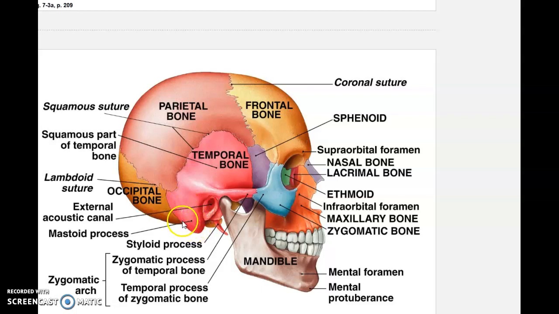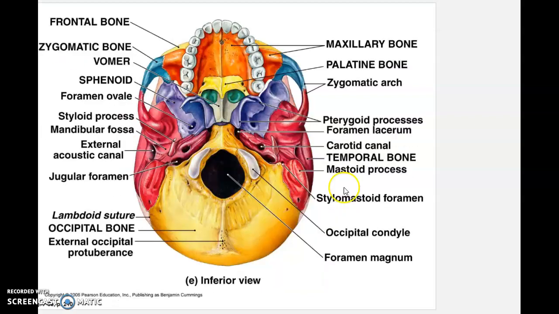So this is the mastoid region. And then right around the ear canal region is the acoustic region. And then we look at the next part. Okay, here's that mastoid area. But if I look at this area right through here, it's called the petrous region.